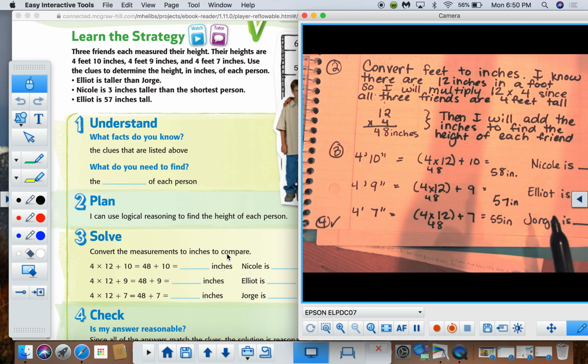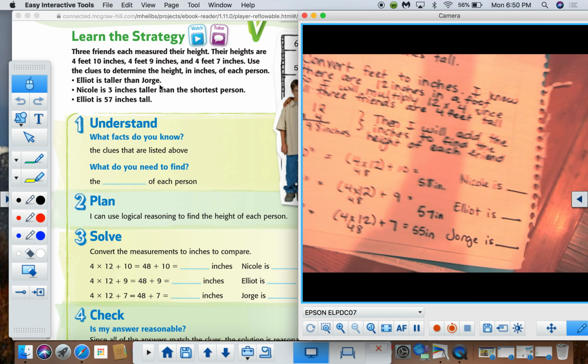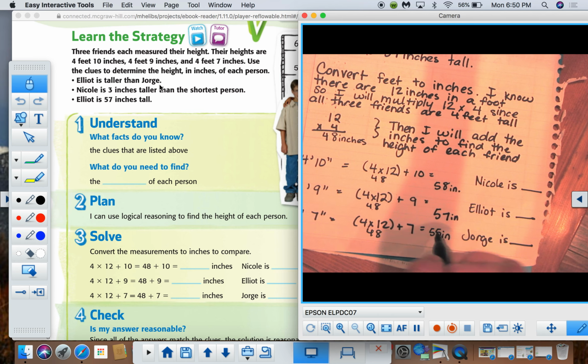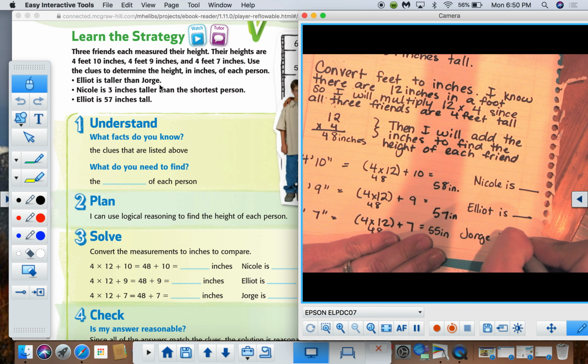Now what I know from the facts on my math page is that we just automatically knew that George was going to be the smallest child or the smallest friend. And so George is 55 inches.